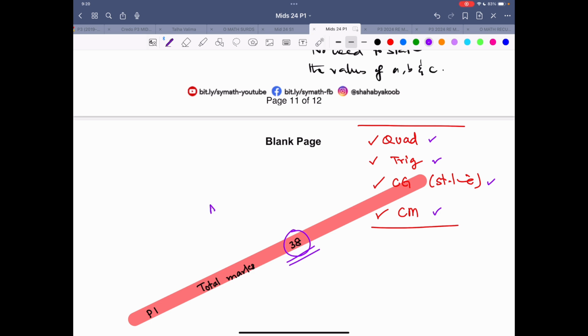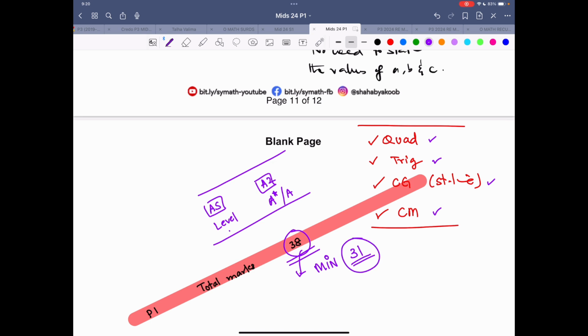If someone is aiming for an A in AS level and hence an A star in A2 level overall, they should score a minimum of at least 31 marks in this particular paper. That should be there.